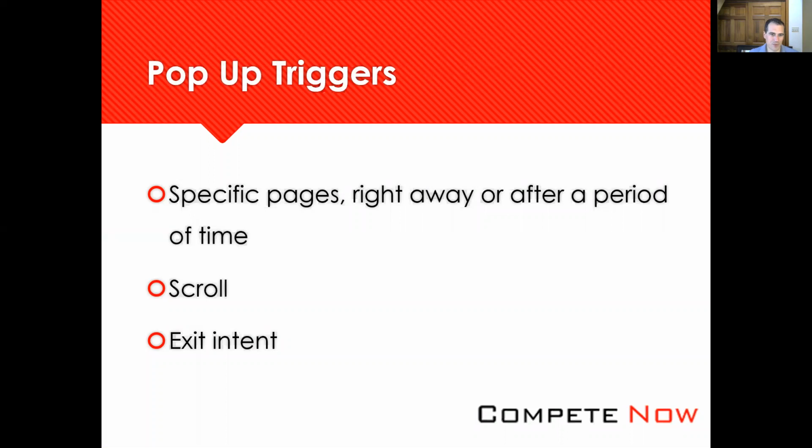One thing you can do is enable the pop-up on certain relevant pages, so that you're not showing a pop-up of something that's completely irrelevant to what they're looking at. You can make it show right away or after a period of time. You can make it so the pop-up only shows once you've scrolled down a certain percentage of the page, maybe 50% of the page is a good one.